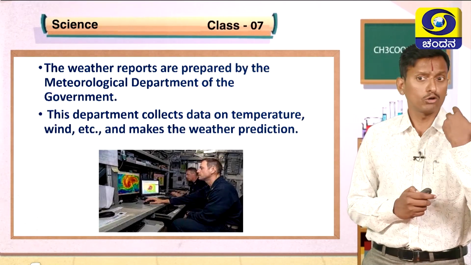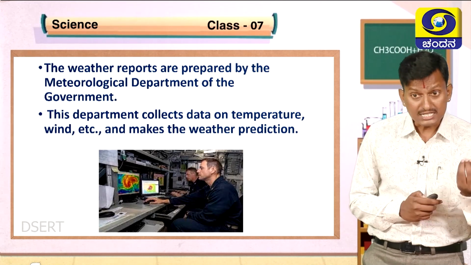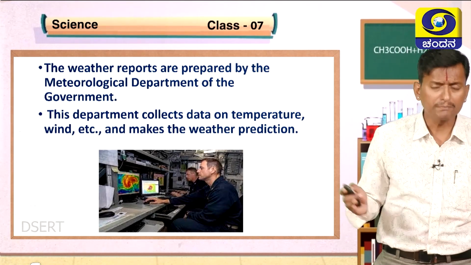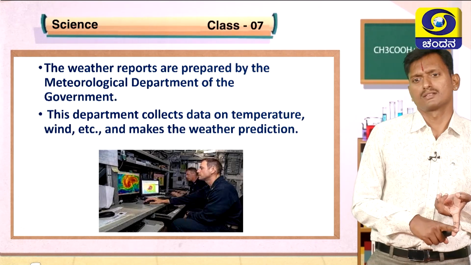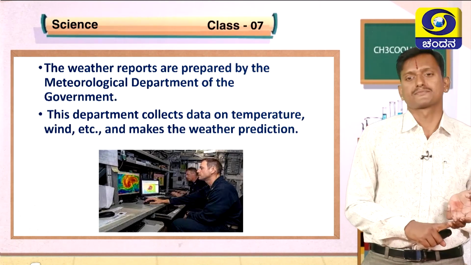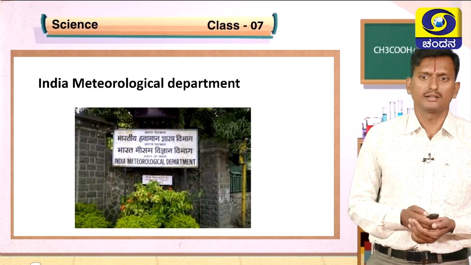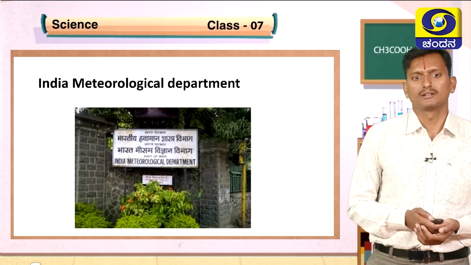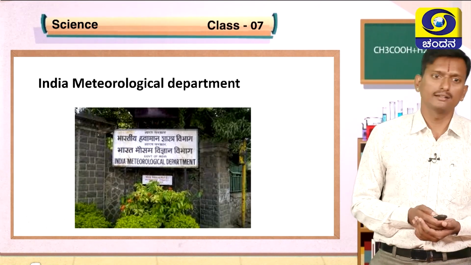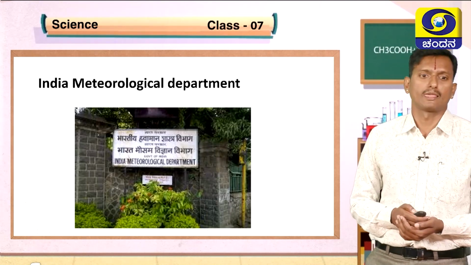People who are going fishing, it will be helpful for them. So these predictions will be helpful for a lot of people, farmers, fishermen, while conducting the games, everything. In India, there is a department in Delhi, that is Mausam. This is our Indian meteorological department present in Delhi.